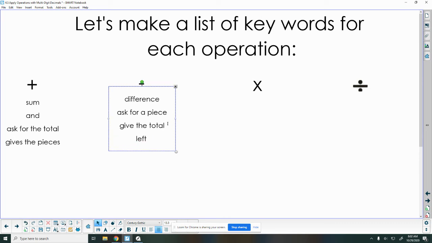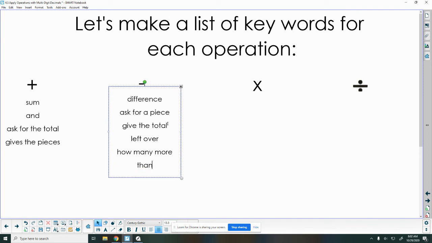It might ask how many are left over. It might say the words, how many more? Or in this one, than this one. Than is another word. We're comparing the differences there. So those are some words I look for when I'm subtracting.